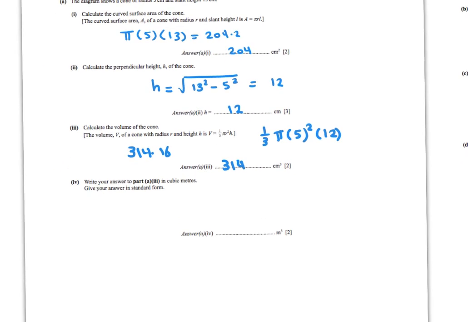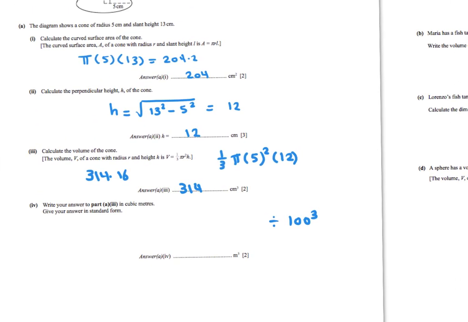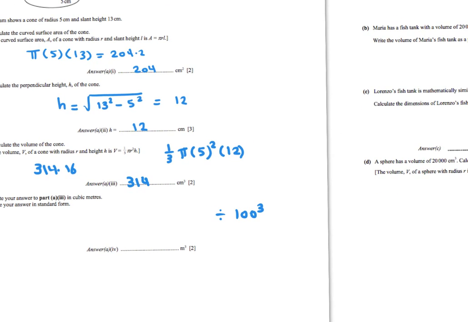Part iv, write your answer in part A, triple i, in cubic meters. The answer now for A triple i, 314.16 centimeter cubed. So to convert from centimeter cubed to meter cubed, divide by 100 cubed.